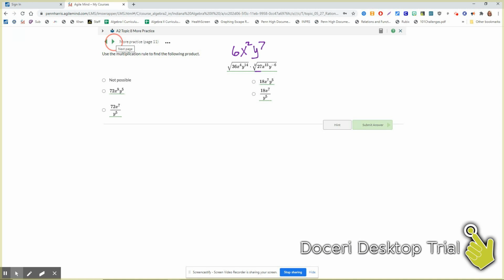Now working on this half, the cube root of 27 is 3. The cube root of x to the 15th is x to the 5th. And the cube root of y to the negative 6, that puts it on the bottom, is y squared. Cleaning that up, that's going to give me 18 x to the 7th and y to the 5th. So that's that answer there.